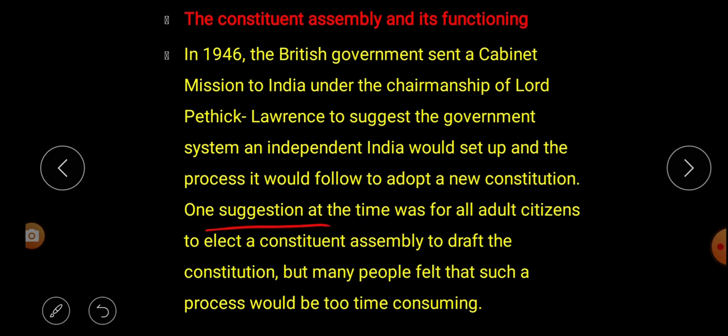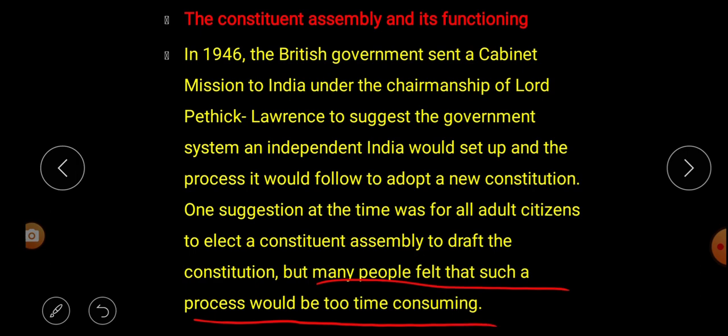That all the adult citizens, that means those above the age of 21, should elect the Constituent Assembly to draft or make the constitution. But many people felt that such a process would be too time consuming. They thought it would take more time.